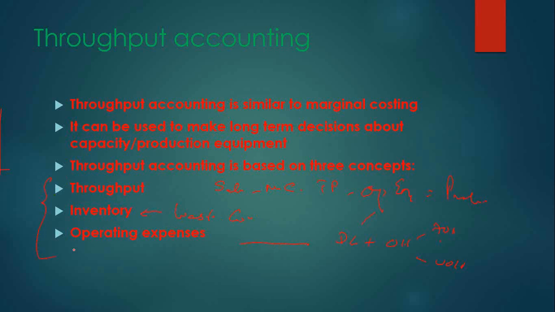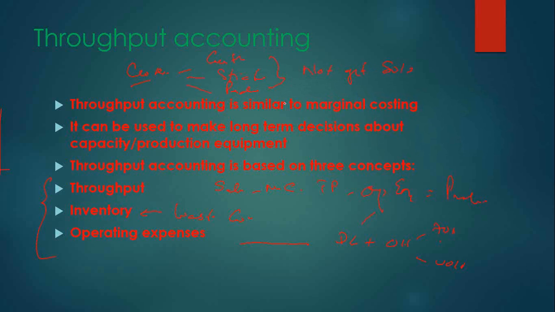So let's assume that you take a particular material, clothing, right? Maybe you have done the cutting, you have done the stitching, you have packed it, all that is done for the material, but not yet sold.